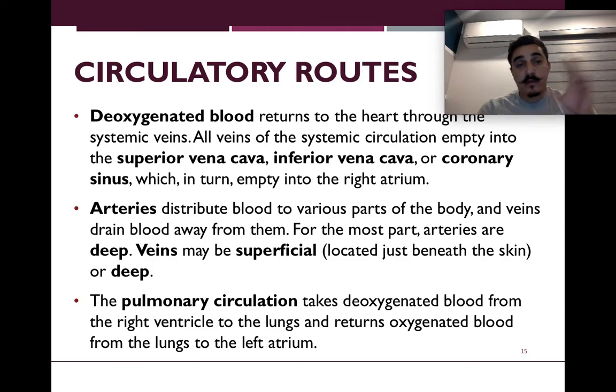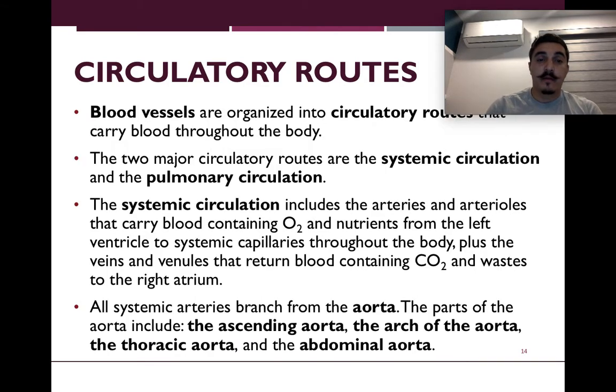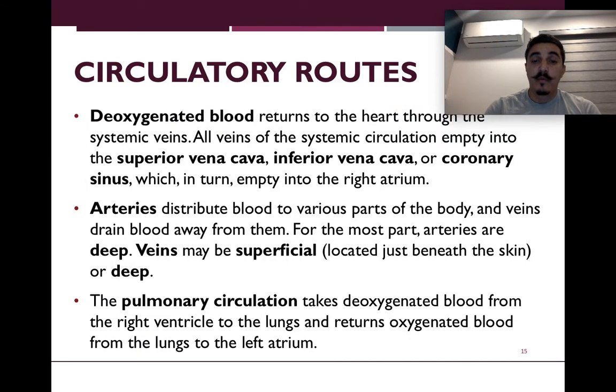The pulmonary circulation, so that was the systemic circulation. The pulmonary circulation takes the deoxygenated blood from the right ventricle into the lungs, and then it re-oxygenates it, or returns that blood oxygenated from the lungs to the left atrium to the aorta.